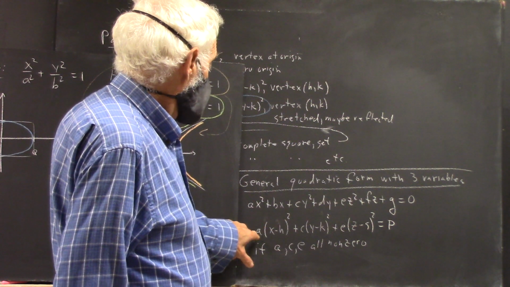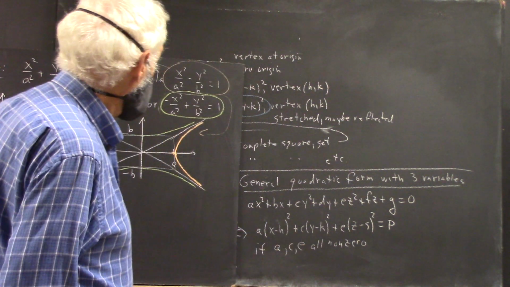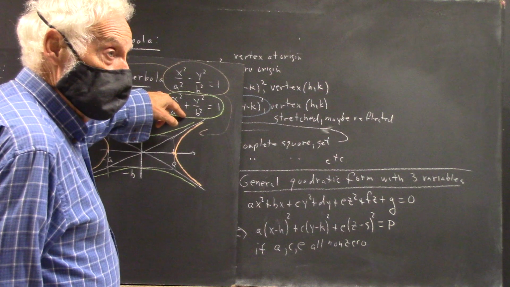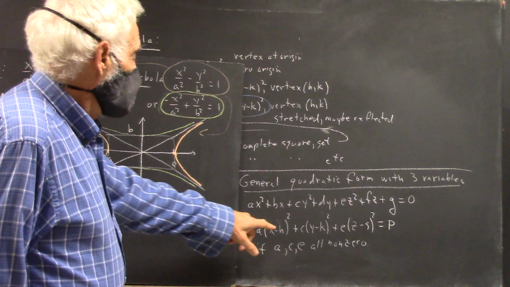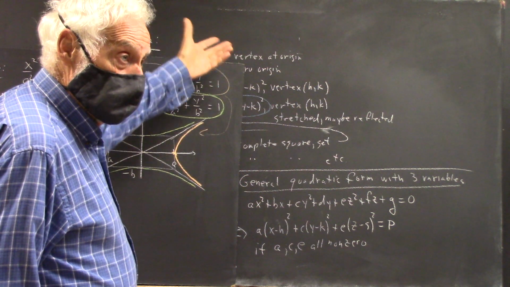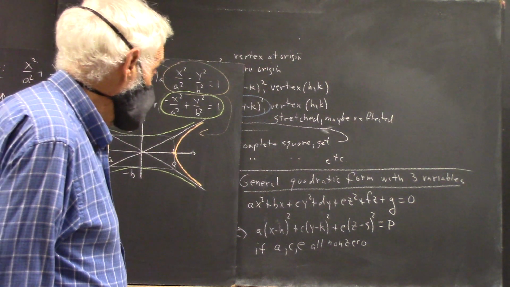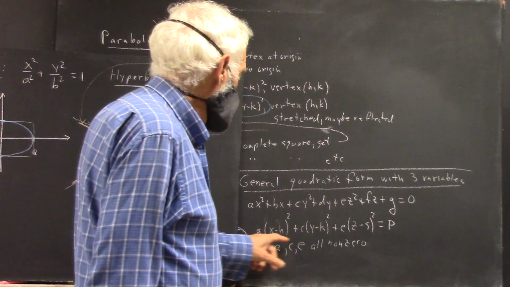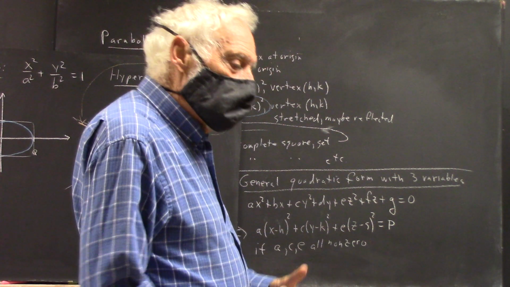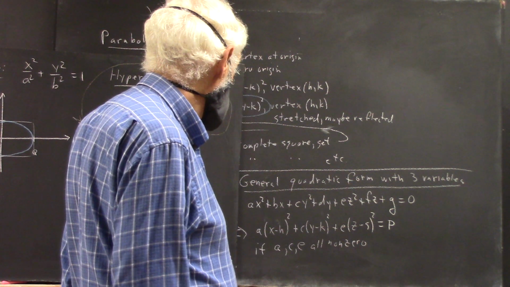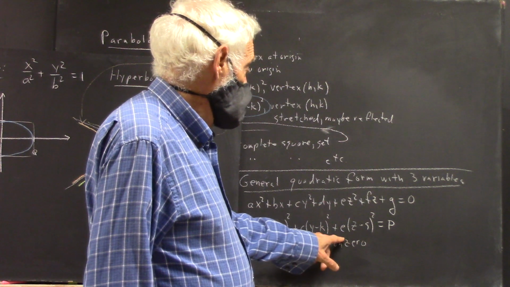In other words, if A and C have opposite signs, you're going to essentially have one of these, but of course, it'll be x minus h squared, y minus k squared, right?